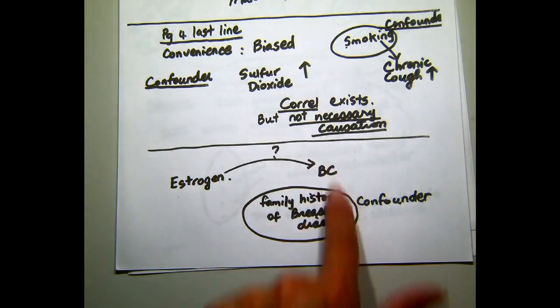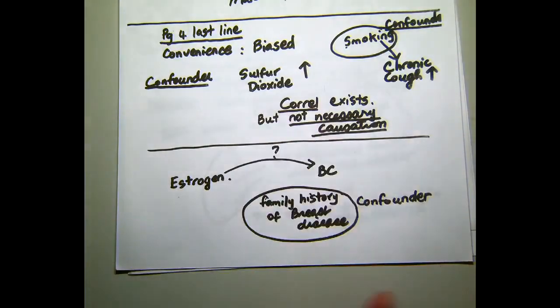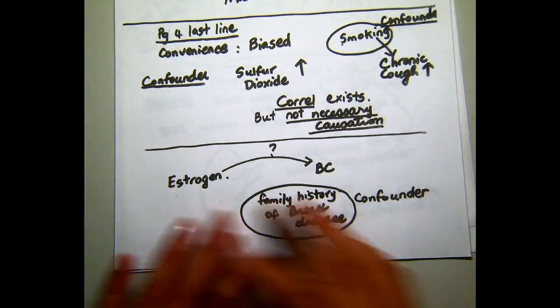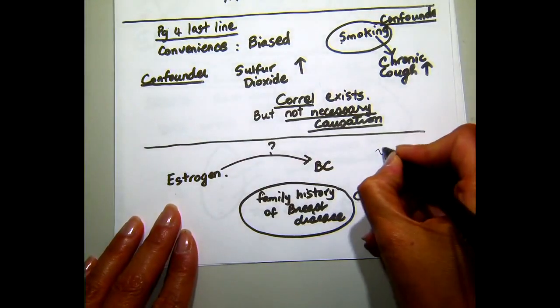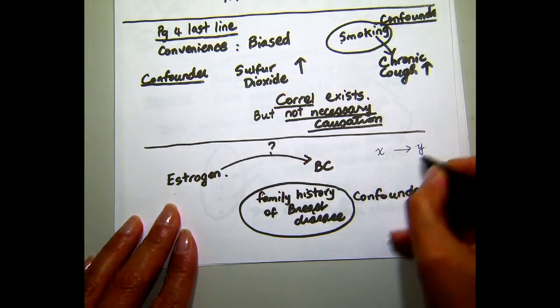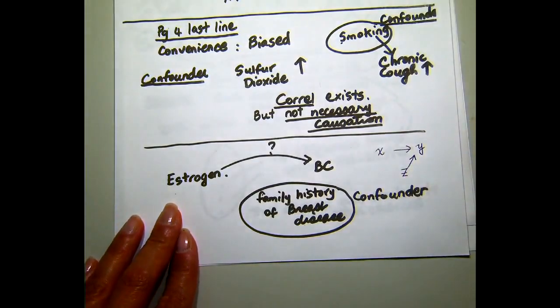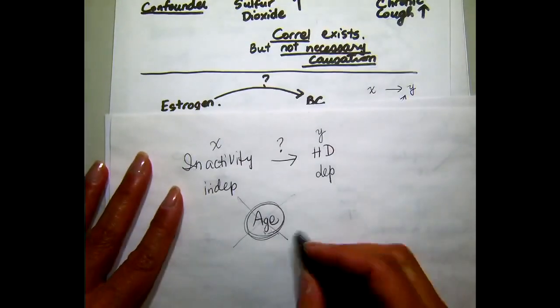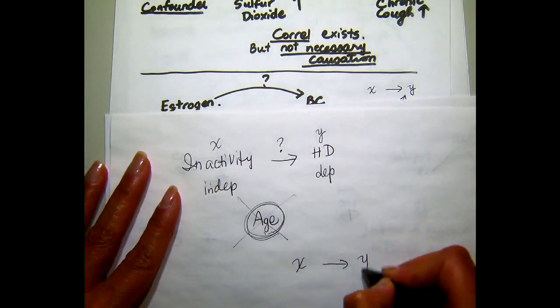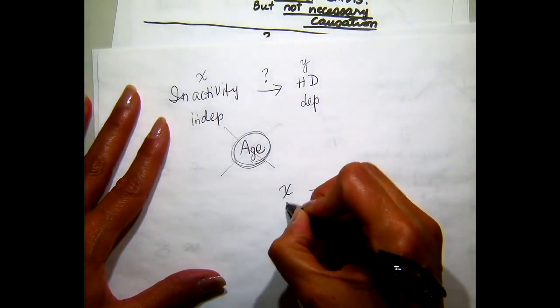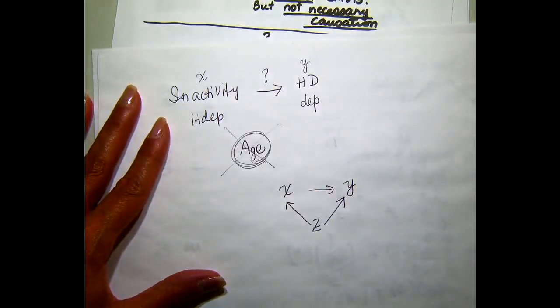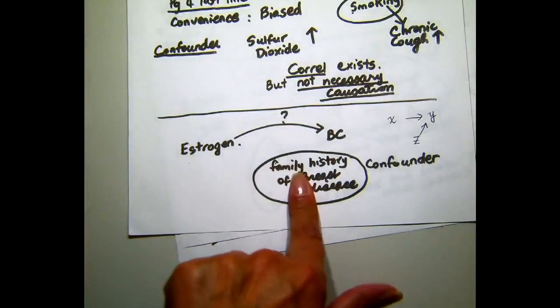In this case, this is a different kind of confounder. The picture for this relationship would be, is X causing Y or is Z causing Y? That's slightly different than this one. This one is X causing Y or is Z causing X and Z causing Y? You see the difference? This is also confounding.